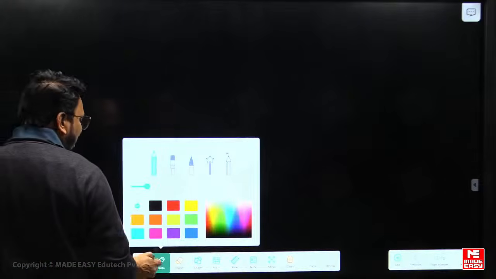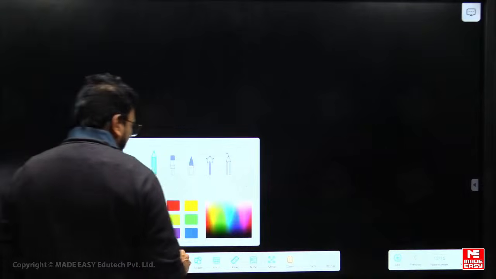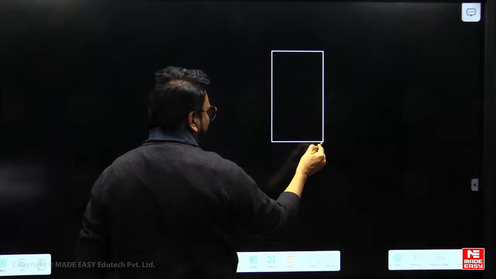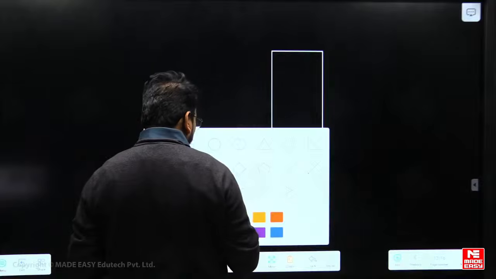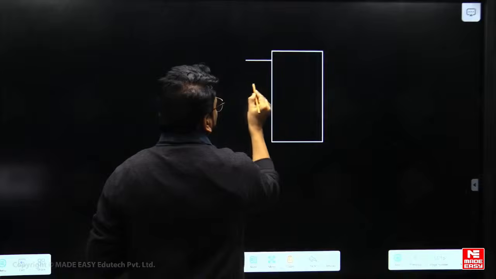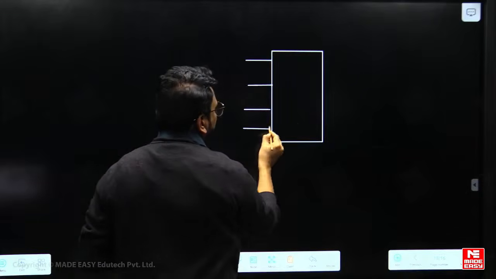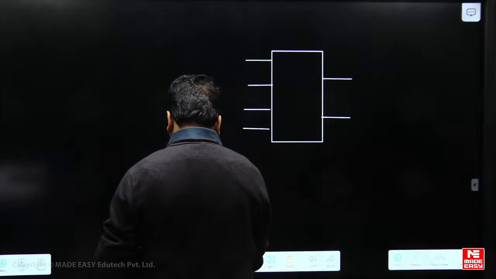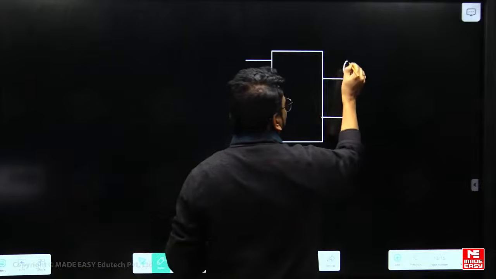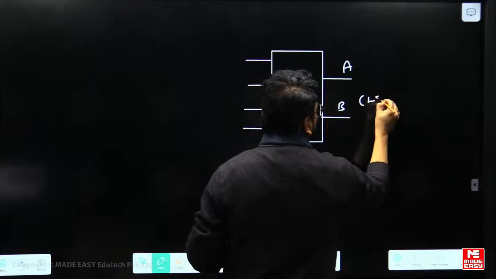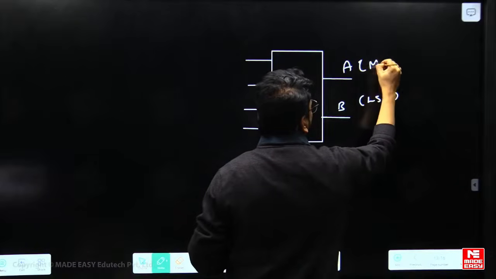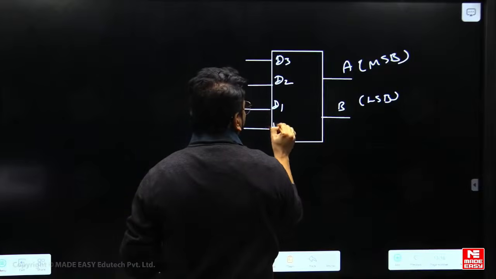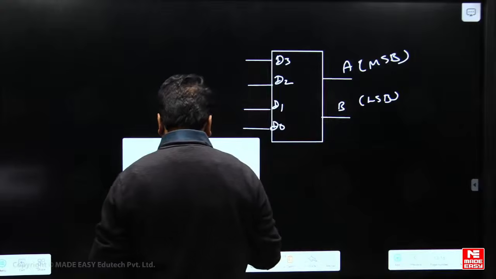So there is a question they asked regarding the priority encoder. In GATE they asked this question, and students generally used to ask questions related to this. They gave it like this. This is A, this is B, this is LSB, this is MSB. D3, D2, D1, D0, and they said it's a priority encoder.